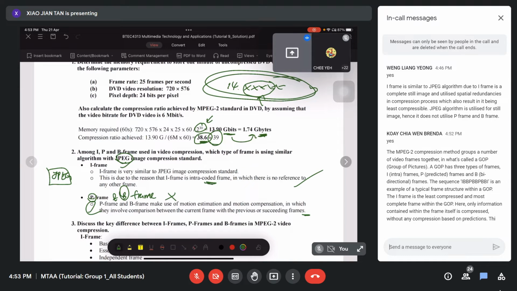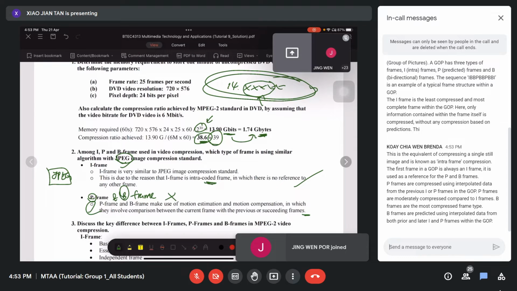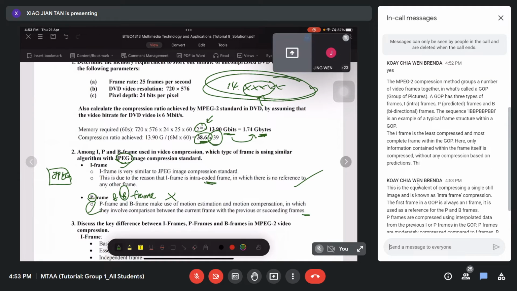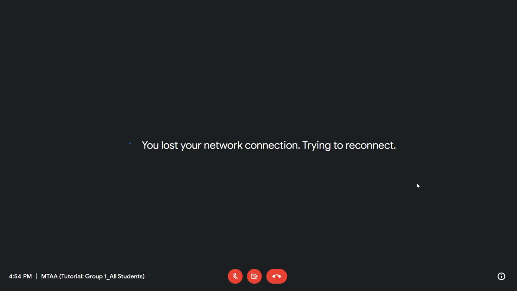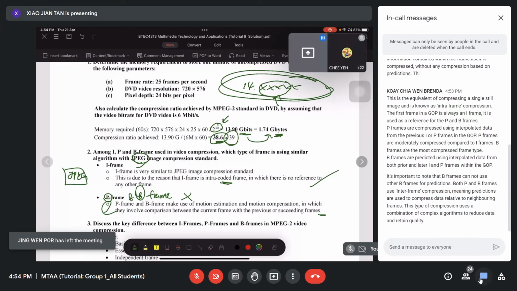The MPEG-2 compression method groups a number of video frames together in what is called a GOP, group of pictures. A GOP has three types of frame: I, intra; P, predictive frame; and B, bidirectional frame.